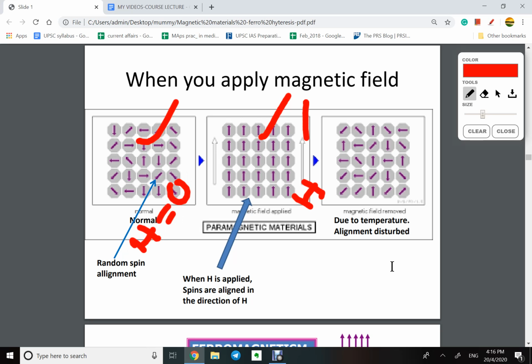So if you apply the magnetic field, spins are aligned in the direction of H. Now in this condition, if you increase the temperature of the material, what happens? Due to the temperature, the spin alignment is disturbed. So this is the effect of temperature.